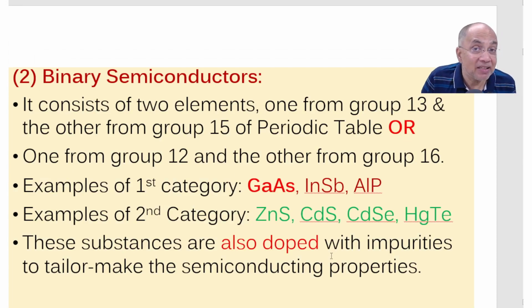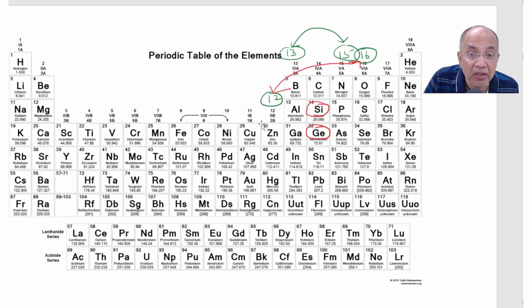And there is another type of semiconductor called binary semiconductors, which is a compound between two elements. One from group 13, boron, aluminum, gallium, indium, thallium, and the other from group 15: nitrogen, which usually is not used, phosphorus, arsenic, antimony.